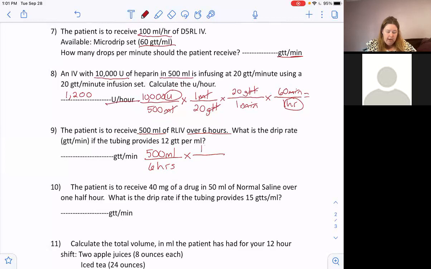So 1 hour is 60 minutes. And then our tubing is 1 milliliter per 12 drops. So we do 500 times 12 divided by 6 divided by 60, and we get 16.66, which rounds to 17 drops per minute.